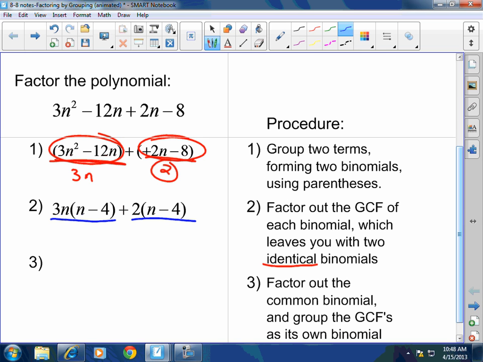I have 3n times n minus 4 and 2 times n minus 4. What can I factor out of both of these terms? An n minus 4. When I factor out an n minus 4, what am I left with? 3n? No, just plus a 2. 3n plus 2.